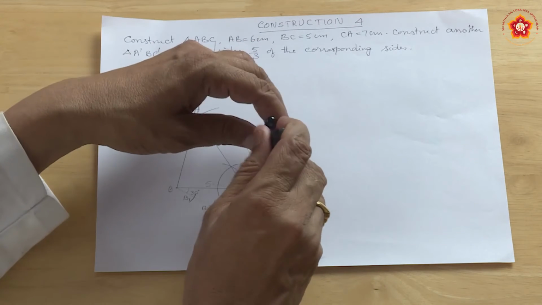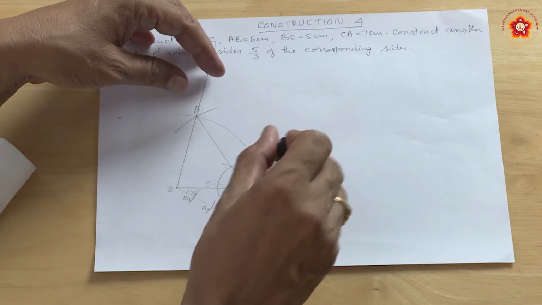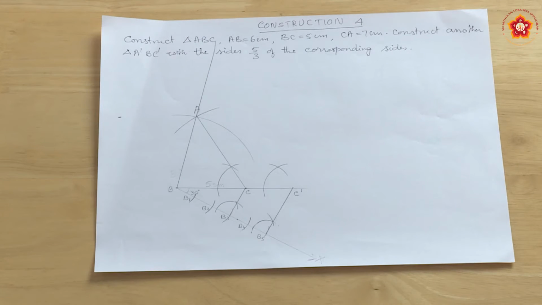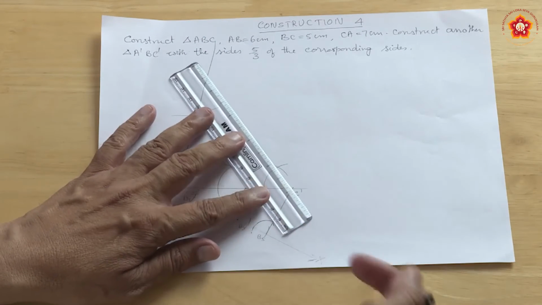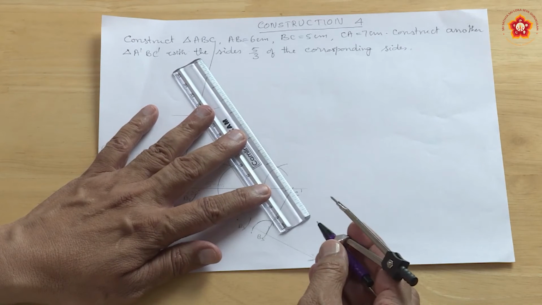Now you join this C dash to BA produced, that gives the required triangle.